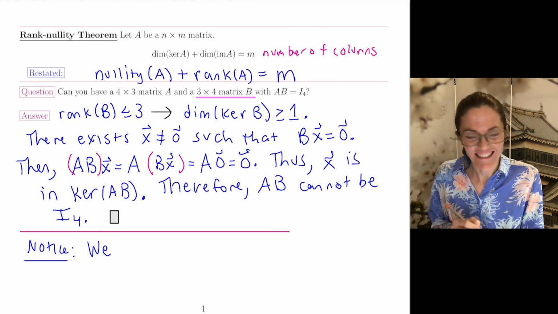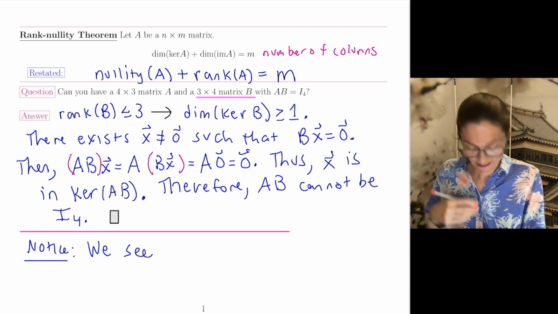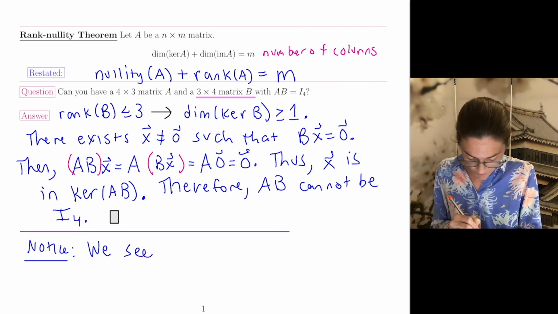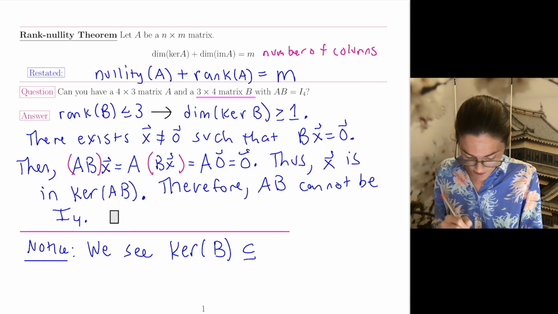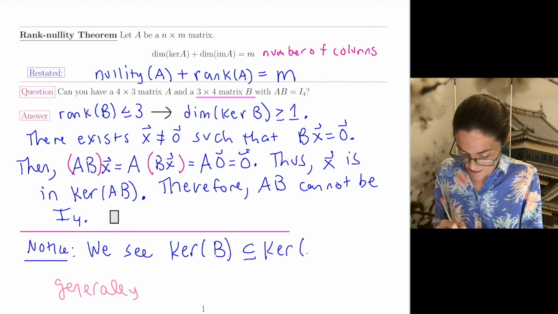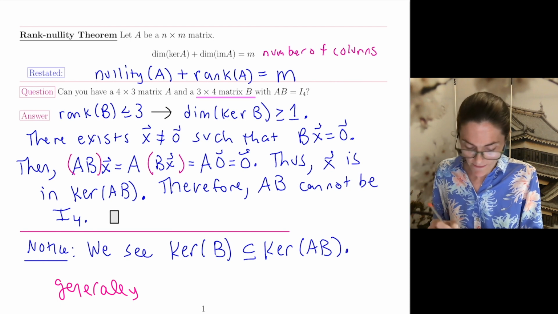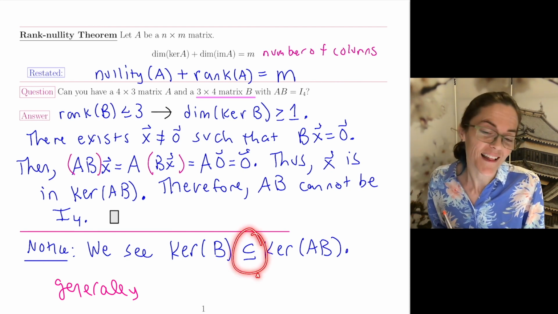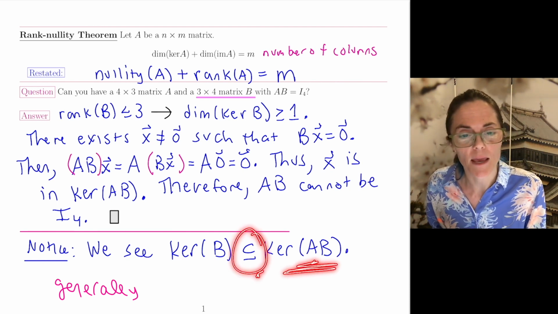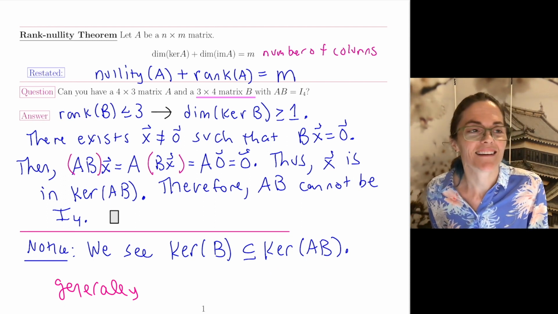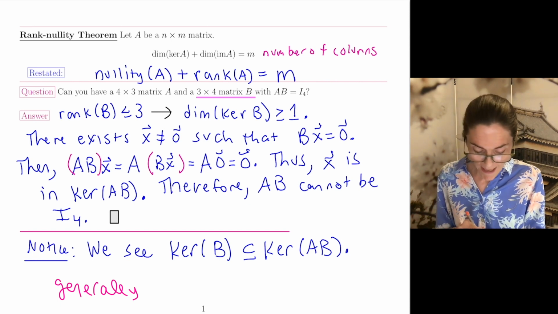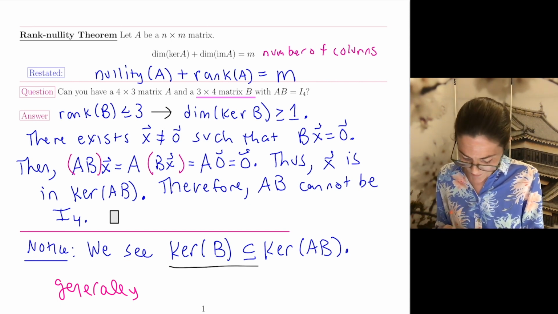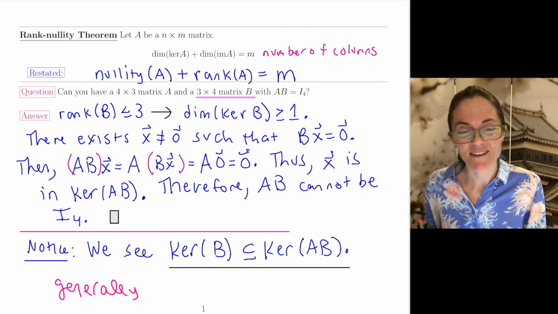We, in fact, can, just through this argument, see that if we take an element in the kernel of matrix B, it's also an element in the kernel of AB. And so there is containment. This symbol says every element in the kernel of B is in the kernel of AB. I'm going to use this on the next page, but it's a good observation to make. And in fact, this came up in our homework a little bit earlier.